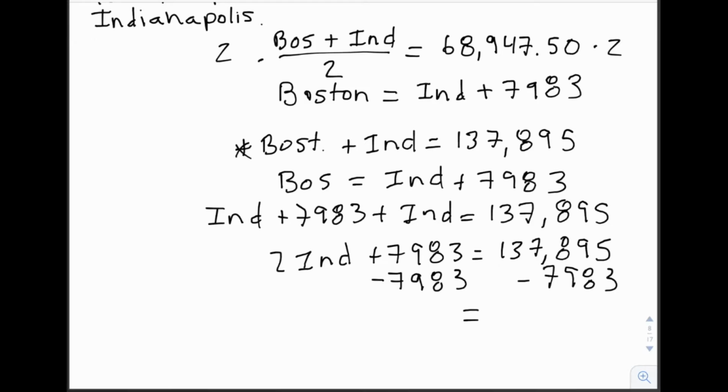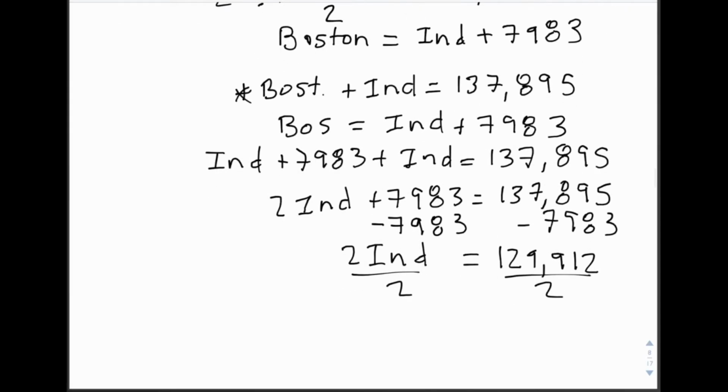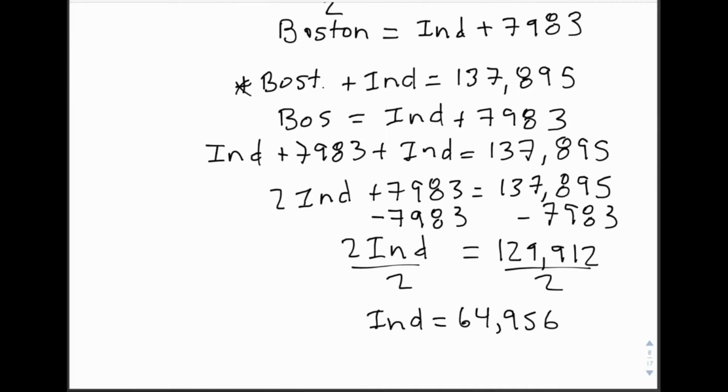This should get us a dollar amount of 129,912. And that's going to be equal to 2 times Indianapolis. And all we need to do to find Indianapolis is divide by 2. So Indianapolis will be equal to $64,956.